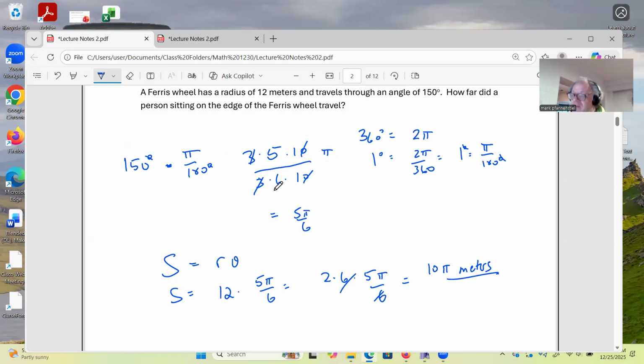If you're building the Ferris wheel and you're responsible for the safety, you'll have your own idea about how many decimal places are needed. But if they don't specify, we're going to go with exact values as much as we can.